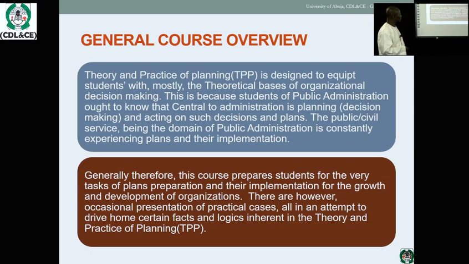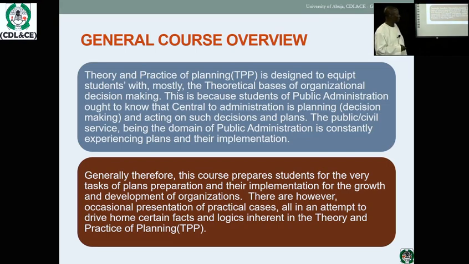And it is so because students of public administration must know that central to administration is planning, which is obviously decision making, and acting on such decisions and plans. The public service or the civil service is the domain of public administration and is constantly experiencing decision making or plans that are made and their implementation. Sometimes we see these plans as policies.